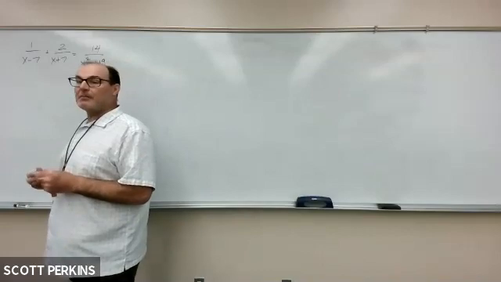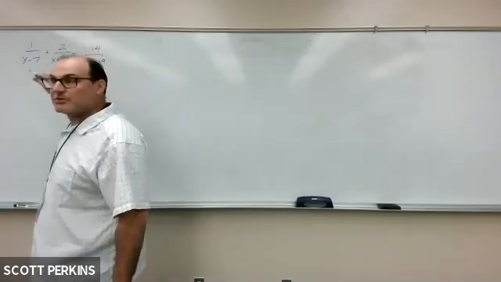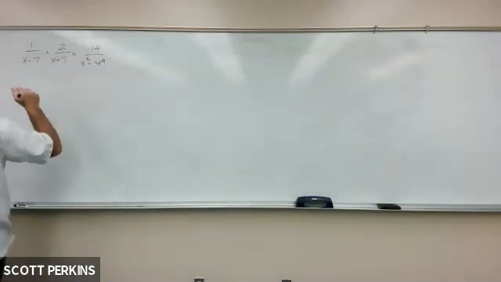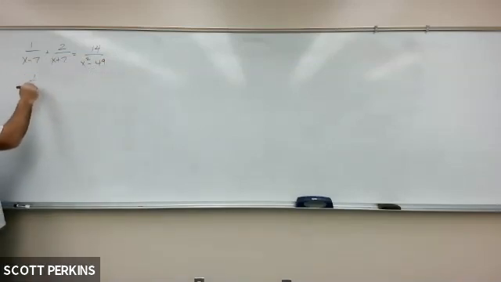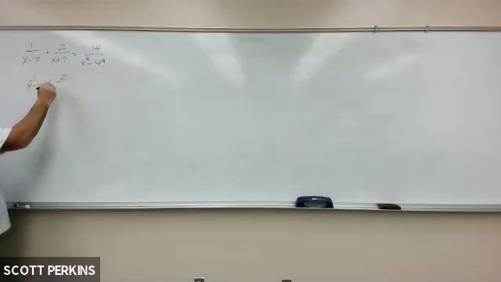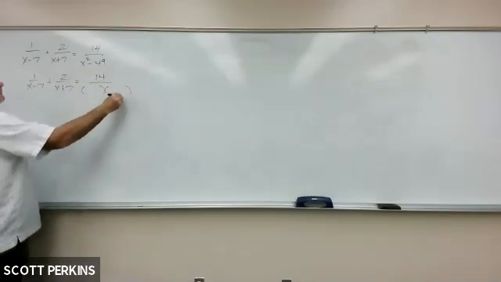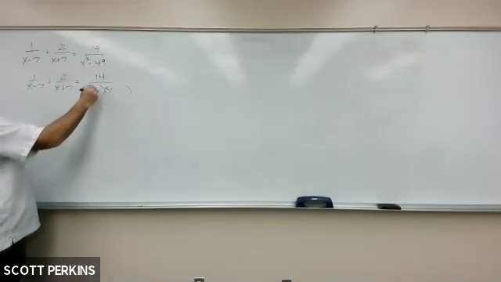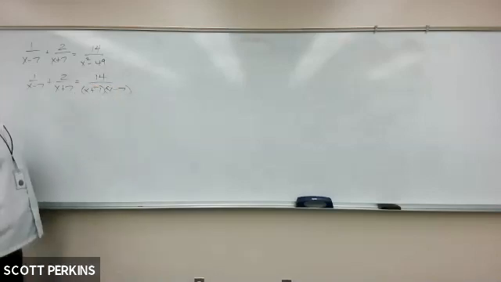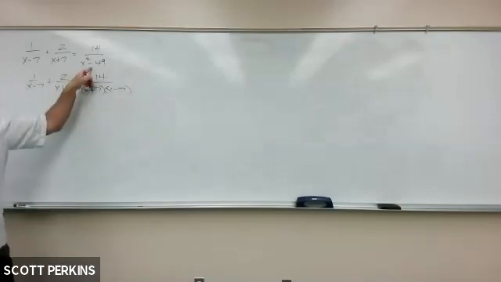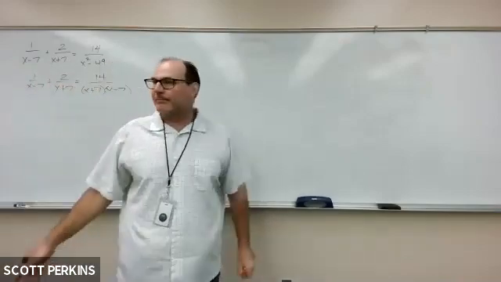In order to figure out the common denominator, I'm going to factor this last one. So I'm going to write that down. So keep working. So this denominator, x squared minus 49, it's a difference of squares.